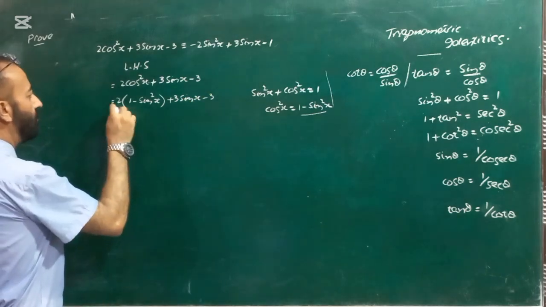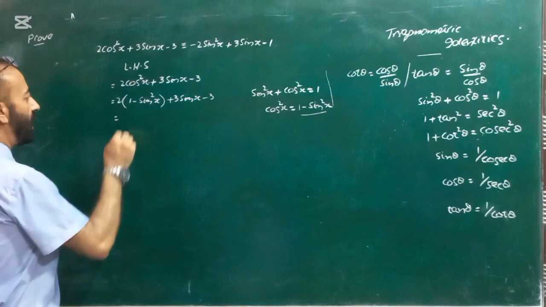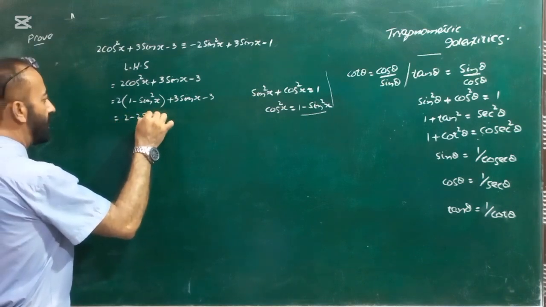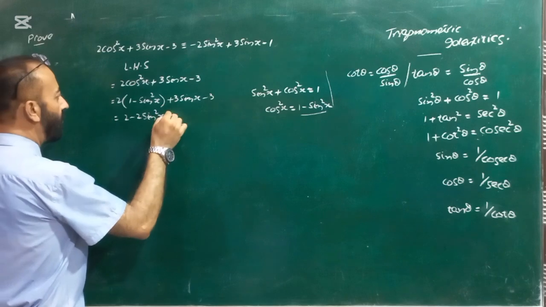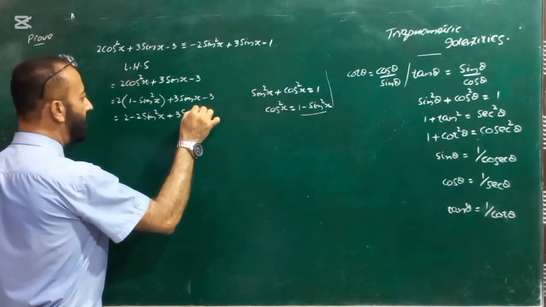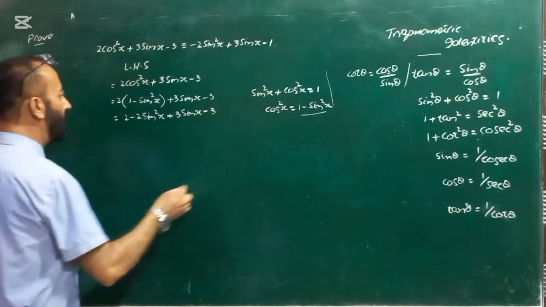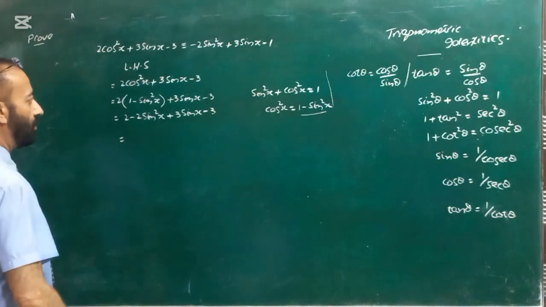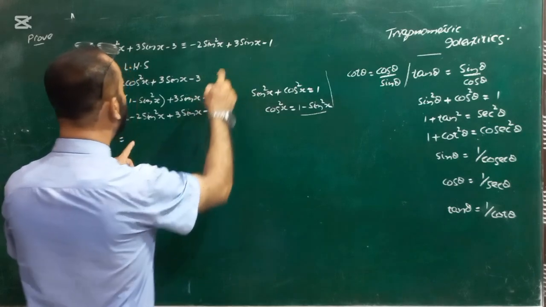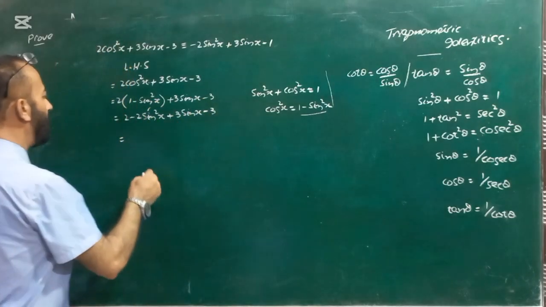So now this 2 will be multiplied inside the bracket: 2 minus 2 sin square x. The rest of the values will remain as they are, 3 sin x minus 3. Moving further, because we have to prove this, the value minus 2 sine square x will remain as it is.